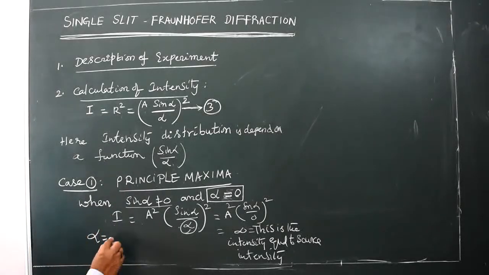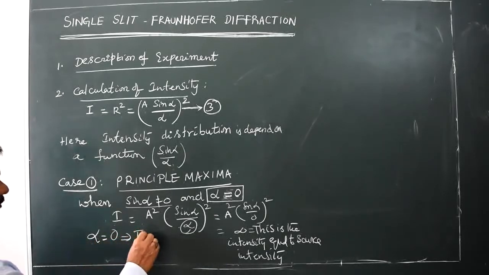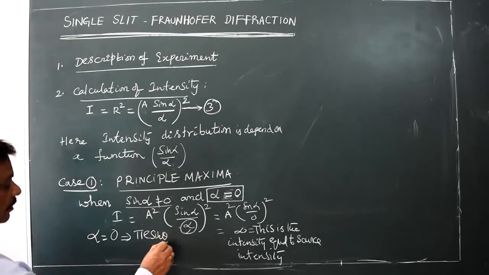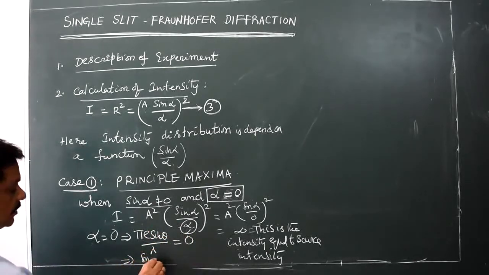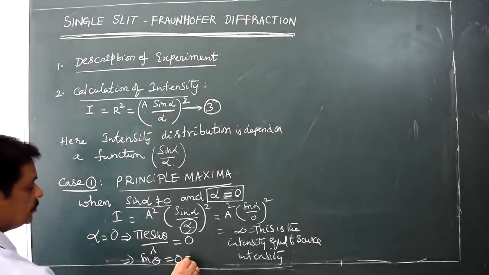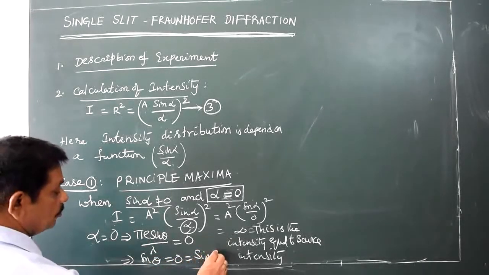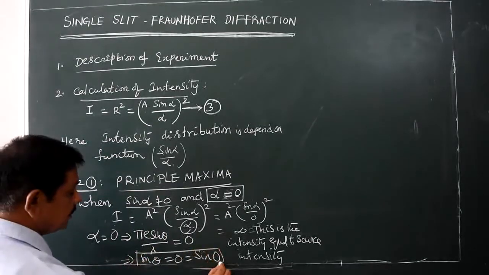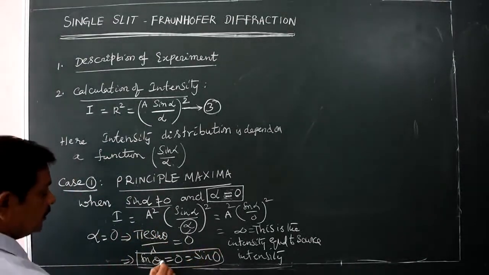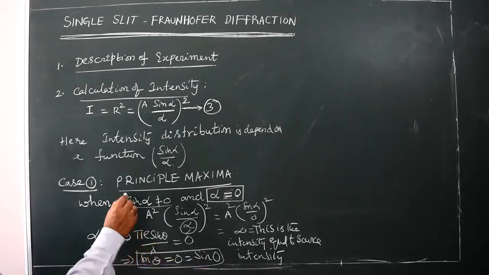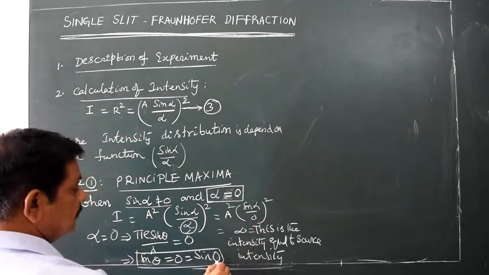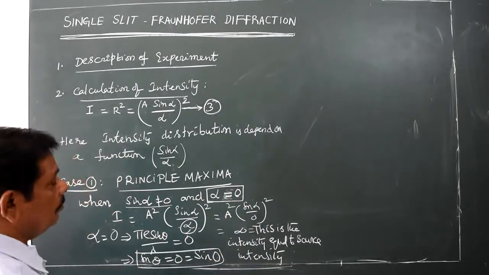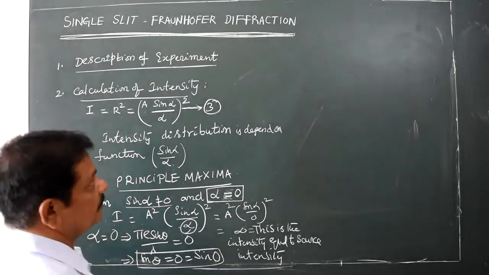Alpha is equal to 0 implies pi e sin theta by lambda is equal to 0, which implies sin theta is equal to 0, which is equal to sin 0. What is the condition? When theta is equal to 0, we have principal maxima. Alpha is equal to 0 and theta is equal to 0, we have principal maxima. This is the first condition.